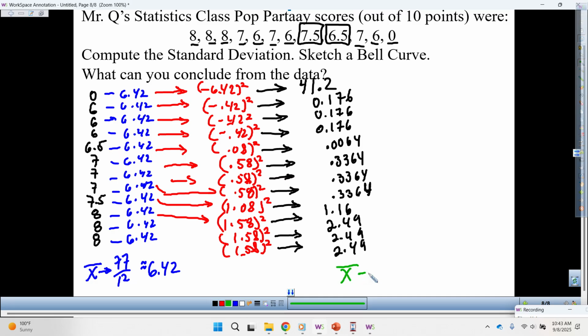Find the mean again. Add those numbers, divide by 12. Somebody give me the mean approximately. George, pass someone.